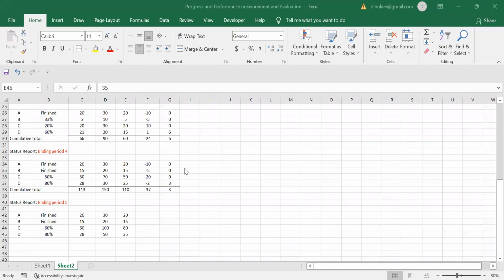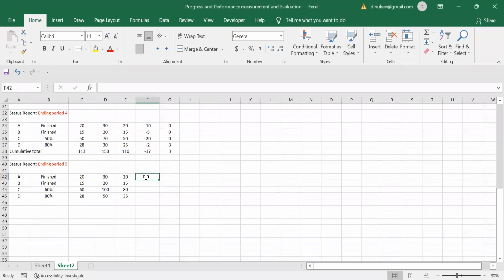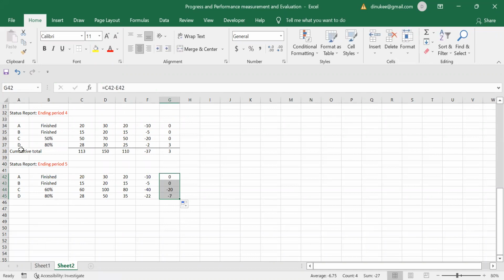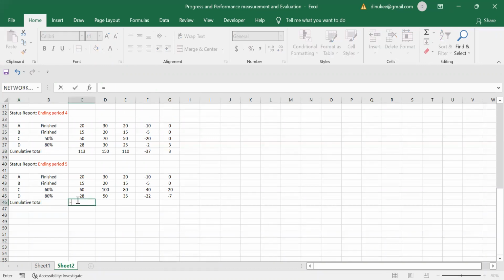Right, 35. The next one is cost variance. Cost variance means you take the earned value and deduct the actual cost. Schedule variance means from the earned value, deducting the planned value. See whether you are getting similar answers when you are calculating with the calculators.